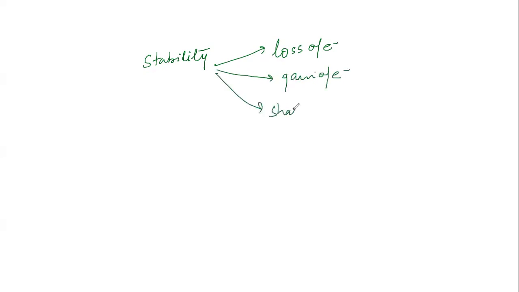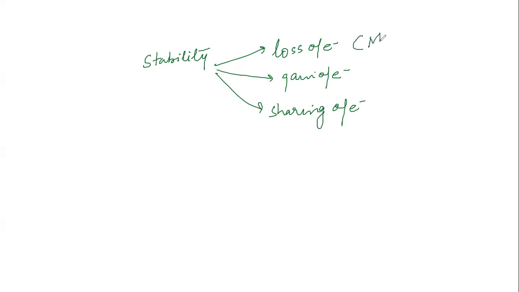So this stability we know. Now this stability can be attained either by the loss of electrons, or by gain of electrons, or by sharing of electrons.